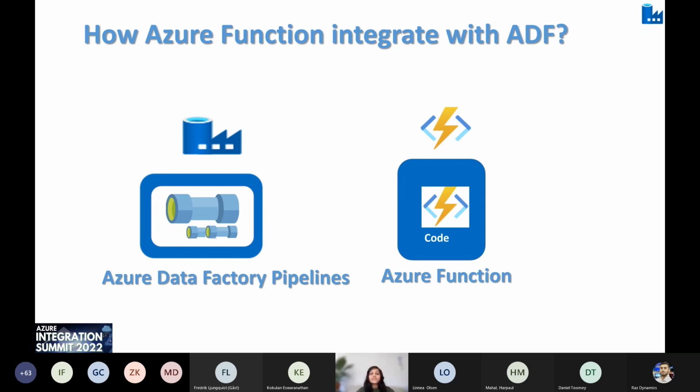As I said, the Azure Function activity is available in Azure Data Factory. So via that activity, you can call the Azure Function, and the Azure Function will execute and return back to the Azure Data Factory pipeline. This way you can simply integrate your Azure Function in Azure Data Factory via an activity called Azure Function activity.